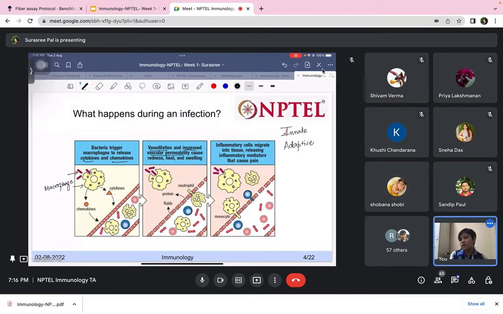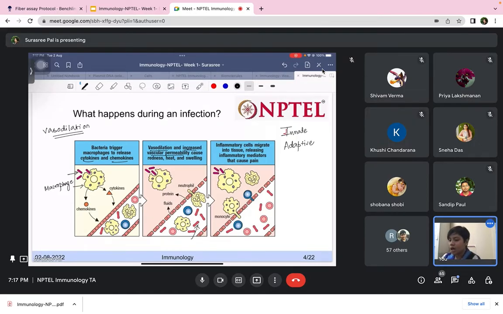Okay, all right. So what is vasodilation? This is a blood vessel, as we can see, and there are many blood cells inside the blood vessel.